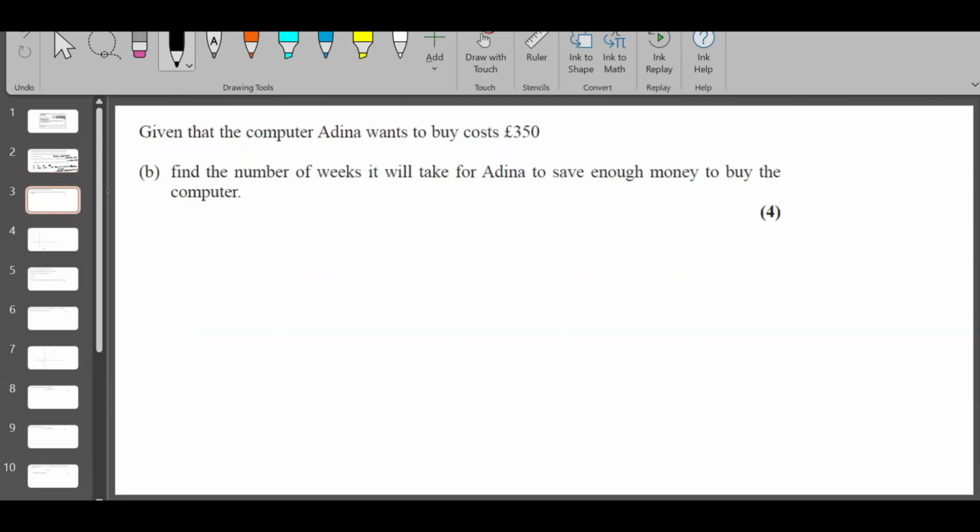Let's move on to part (b). Given that the computer she wants to buy costs 350 pounds, find the number of weeks it will take for Adina to save enough money to buy the computer. She is saving 5 plus 5.25 plus 5.50, etc. Let's say she is saving for n weeks; the total should be equal to 350 pounds.